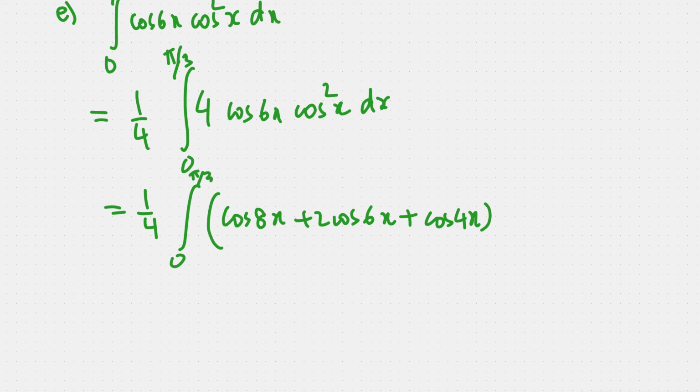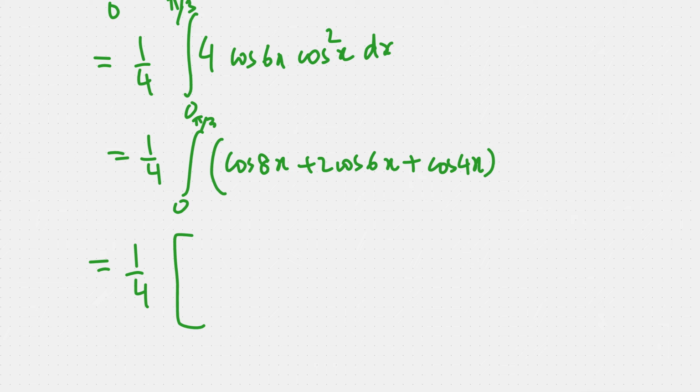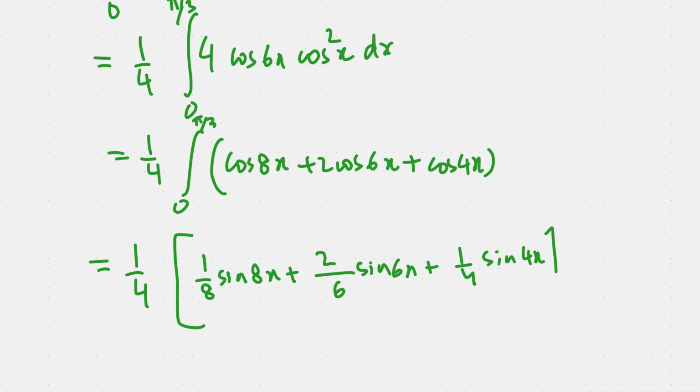So I missed the 4 here. So that is equal to 1 over 4, and then I'm going to write this: I get 1 over 8 sin 8x plus 2 divided by 6 sin 6x plus 1 over 4 sin 4x, and that's 0 to pi over 3.